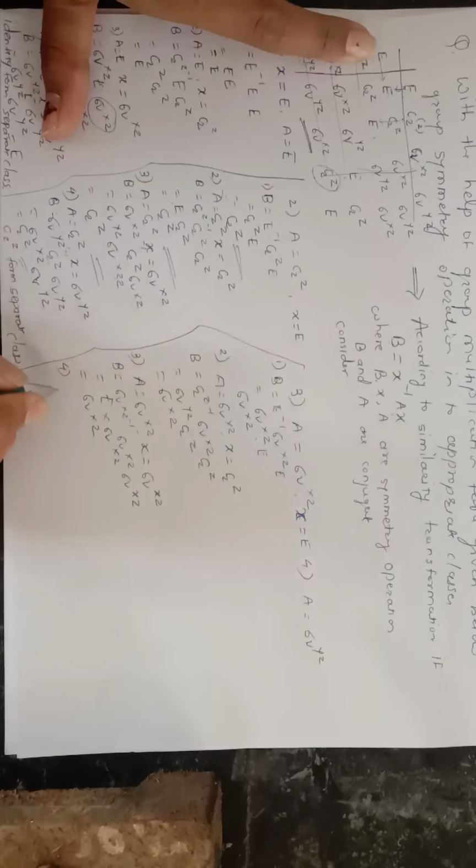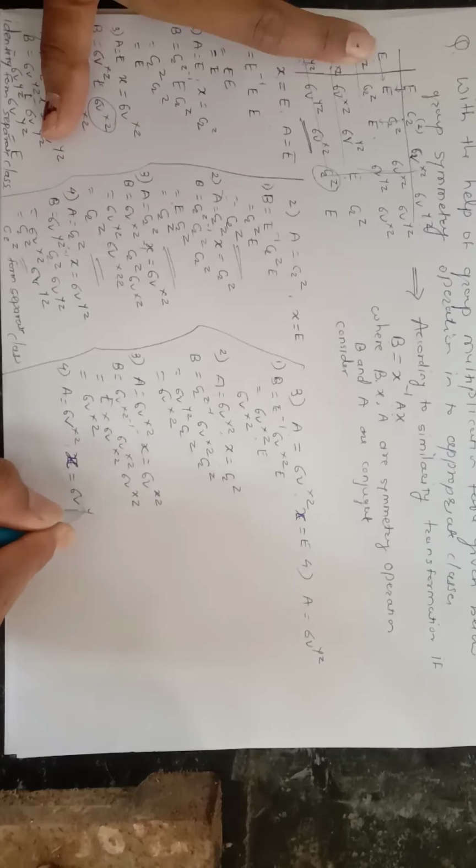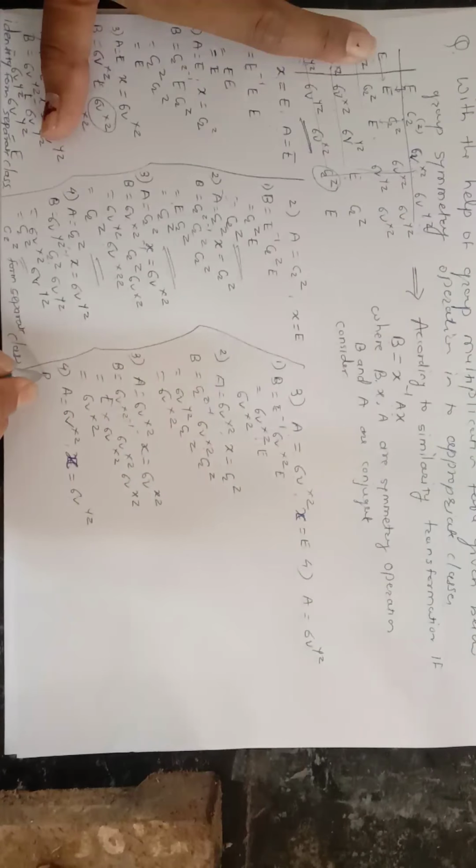In the fourth calculation, A is equal to sigma V XZ, and you have to change the value of X. What is remaining? Sigma V YZ. B is equal to X inverse, sigma V YZ inverse, into sigma V XZ into X, which is sigma V YZ.